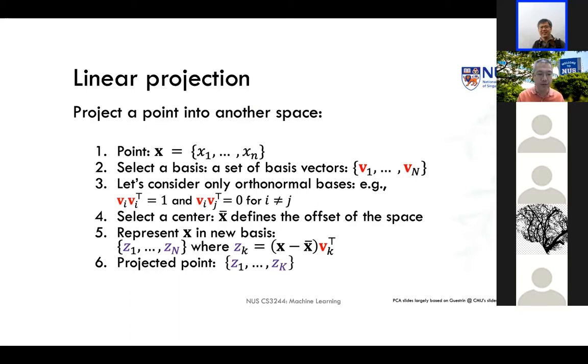So once we've done that, for each time we recurse, we find the direction left in the data set that displays the most variance, then we can use that as the ith dimension in our orthonormal projection. And then after we've done this process of selecting all of the dimensions, then we can define a new center, moving from the space, and then represent all of the data points in that new basis, okay? We don't have to use all of the dimensions here.